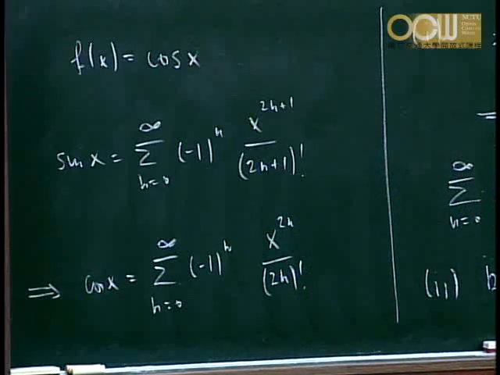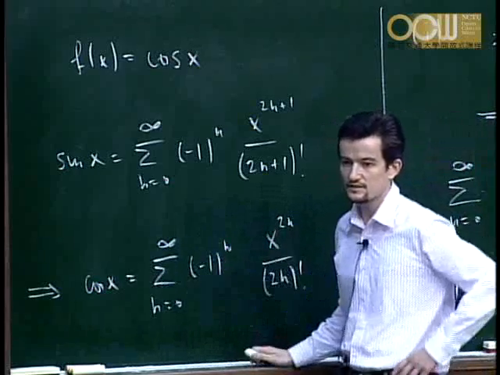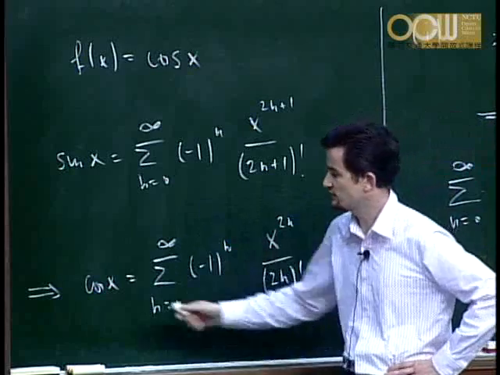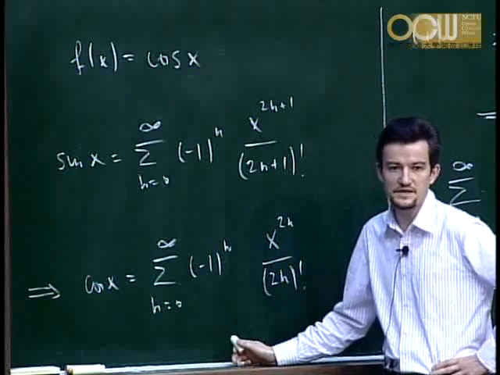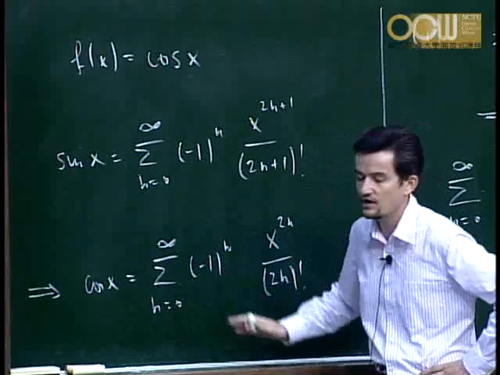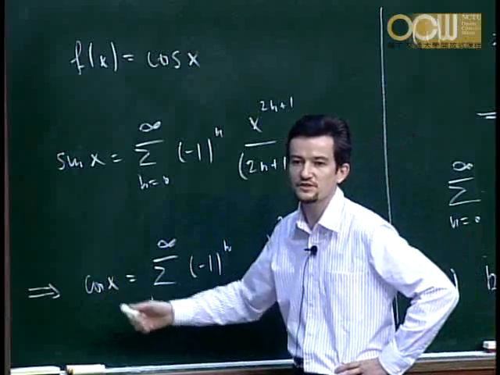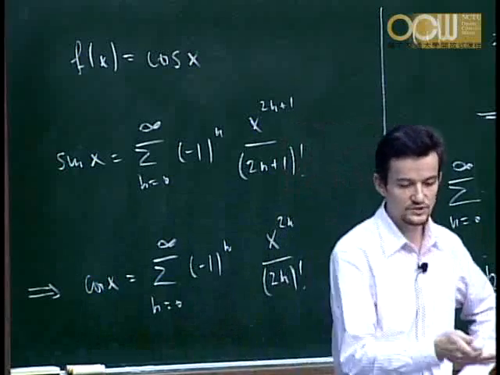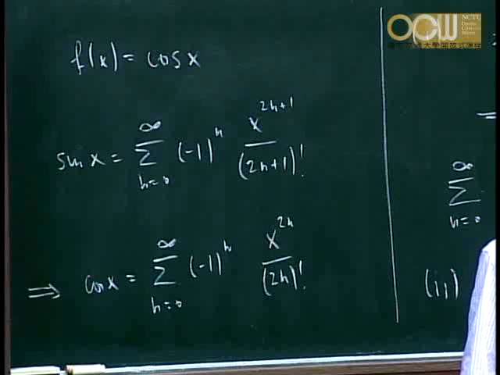and this is already the Maclaurin series of this function, because this expansion is unique. No matter how you derive a power series representation of a function centered at the origin, what you get is always the Maclaurin series.